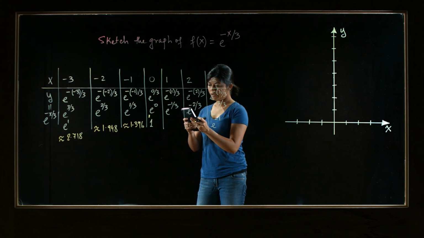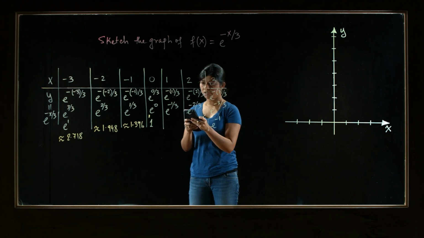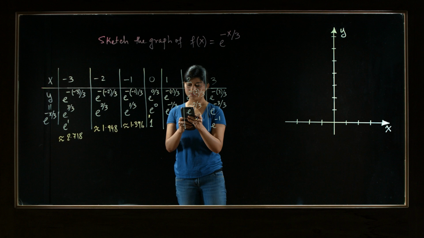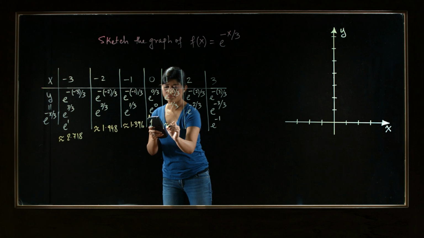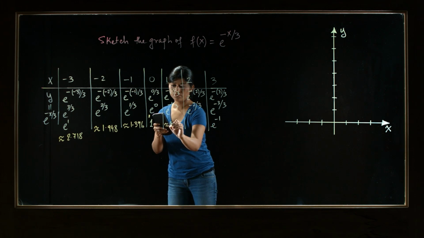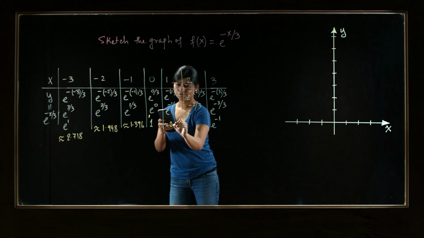Okay, at 1 we get e to the negative 1/3, that is almost equal to 0.717.